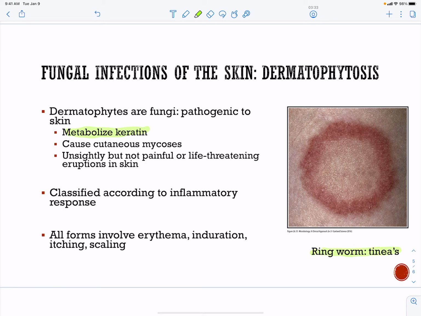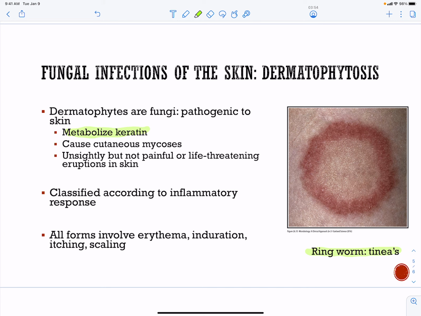Ringworms are going to be caused by the Tineas, and a ringworm, the redness, whenever you see a presentation like this is caused by your immune system. So it's going to be an infiltration of your white blood cells from the blood, and this causes a leakiness of your red blood cells, and it's going to give this appearance on the skin.